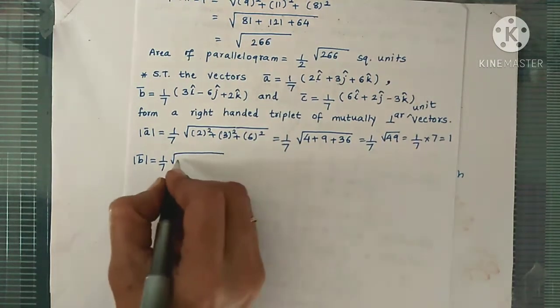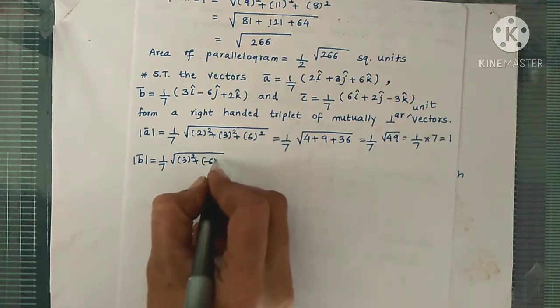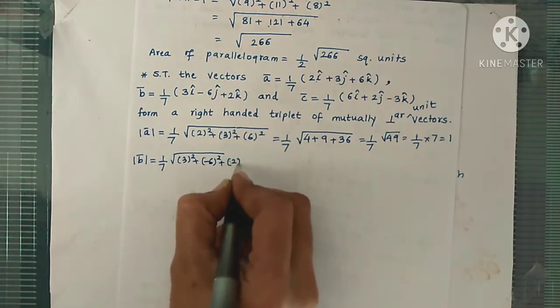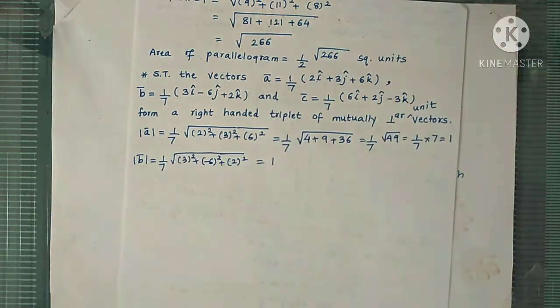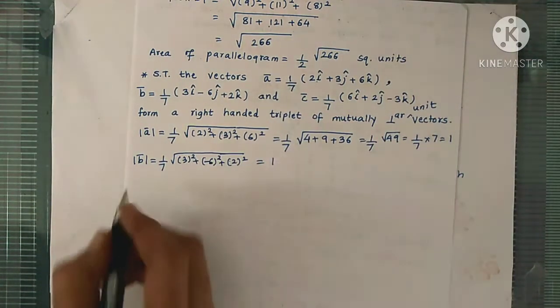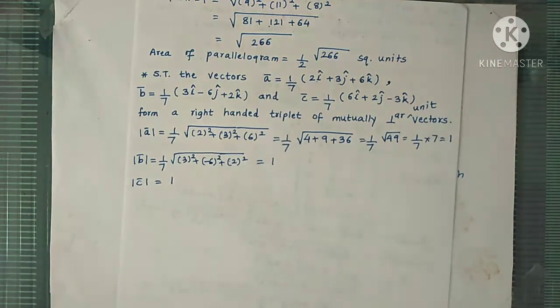So it is root 3 square plus minus 6 square plus 2 square. Now let's write it as 1, but you can write the simplification. Similarly for modulus of c bar also you can write the simplification. So it is up to you now. Let's complete this modulus part here.